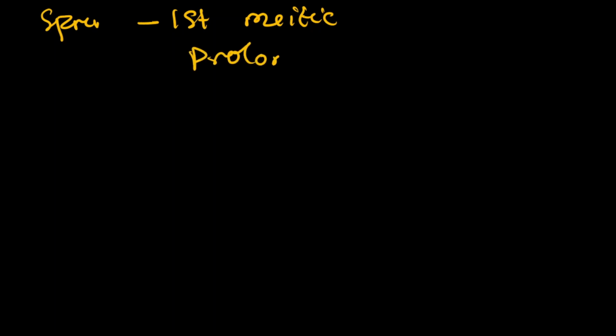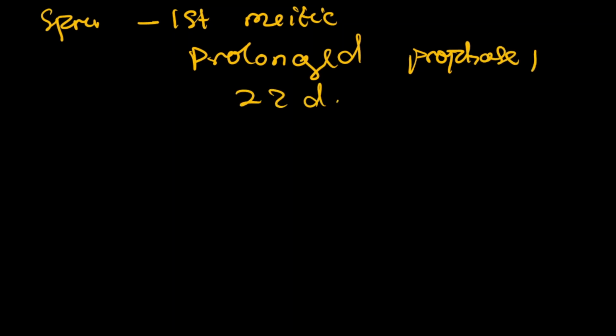Just before the onset of puberty, these primary spermatocytes would actually undergo the first meiotic division, and we also have a prolonged prophase. So the prophase 1 lasts for about 22 days, and this is of course prolonged, but it is not as prolonged as we have in oogenesis, where the prophase 1 lasts from prenatal life to just before the onset of puberty.